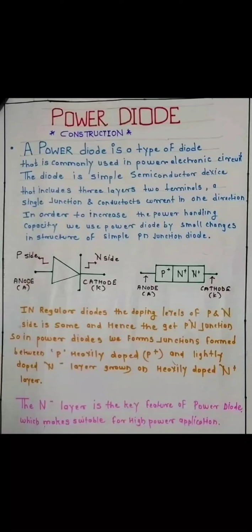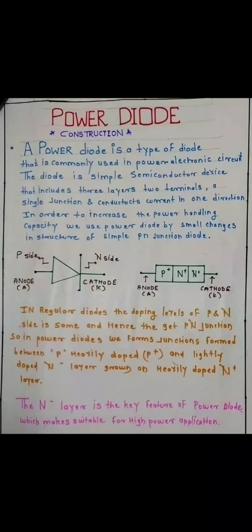The increased thickness of the depletion layer helps the diode to block a larger reverse bias voltage and hence have a greater breakdown voltage. So the N minus layer is key to the feature of the power diode, which makes it suitable for high power application. This layer is very lightly doped, almost intrinsic, and hence the device is known as a PIN diode, where I stands for intrinsic.